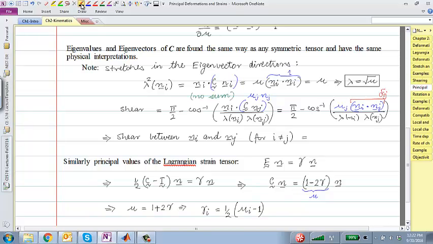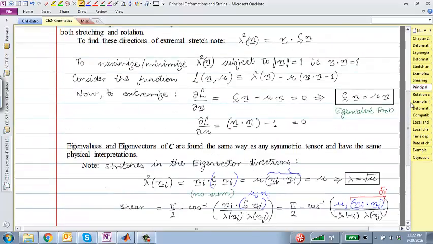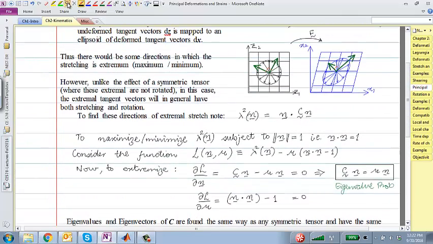So what we get there is that the change in angle would be 0, which means that if you calculate all the three eigenvectors, the initial angle between them, of course, was 90 degrees. Even after deformation, that angle will remain 90 degrees, which is what I showed you here as well with this simple shear example. These two eigenvectors initially had 90 degrees, finally also were 90 degrees.